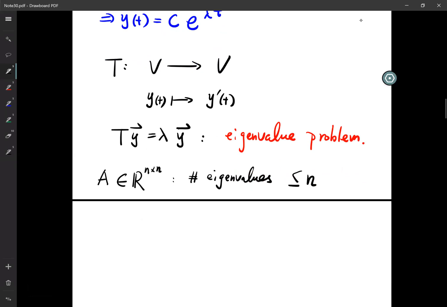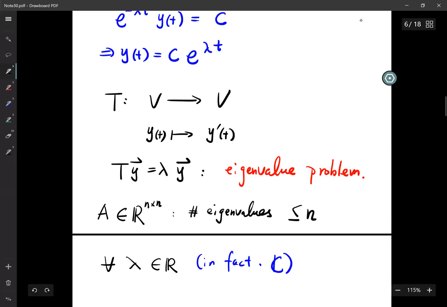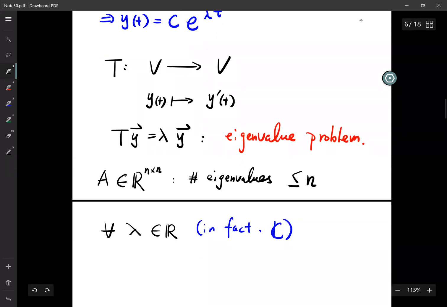However, in this case, for any lambda in R, in fact C, this is an eigenvalue. Why? Because there's a non-zero vector, y(t) equals c times exponential lambda t. That will be the corresponding eigenvector.